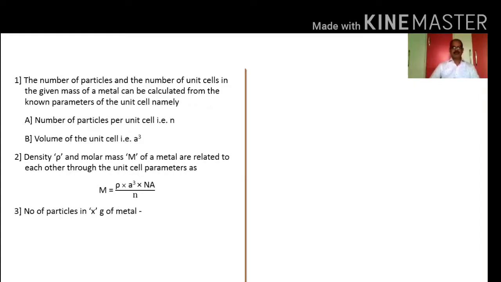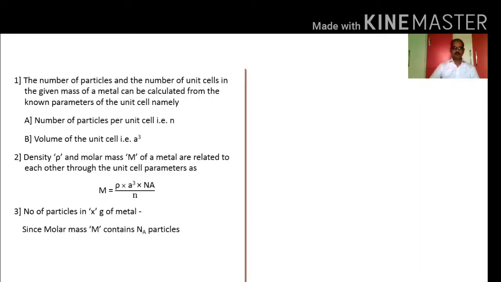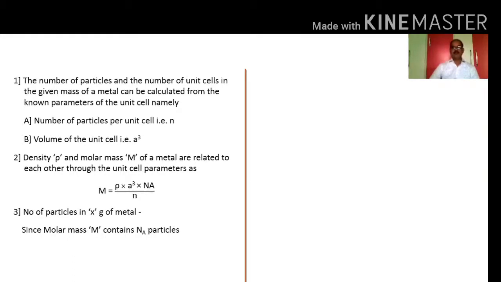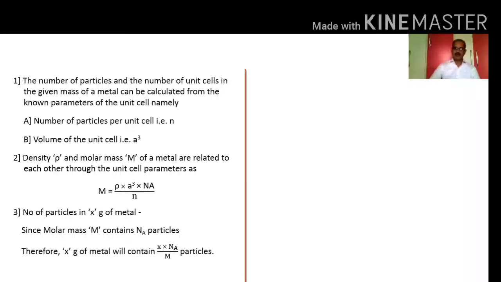Now let us see how to find out the number of particles in x grams of a metal. We know that molar mass M contains Avogadro's number of particles. So if I take M grams of a metal, then the number of particles is Avogadro's number. Then in x grams of a metal, how many particles are there?